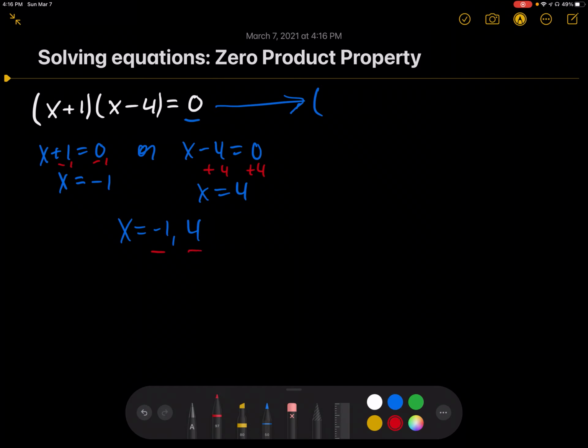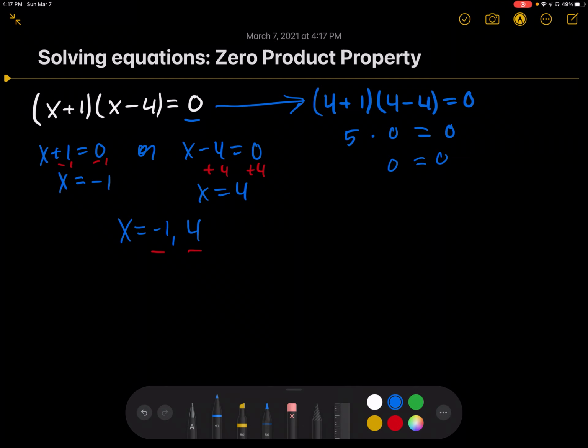If I was to substitute in this 4 for x, because remember these are the solutions that we got for x, x equals -1 and x equals 4, I could just say 4 plus 1 times 4 minus 4 equals 0. 4 plus 1 is 5, obviously, and then 4 minus 4 is 0. 5 times 0 is 0. So 0 equals 0, that works.